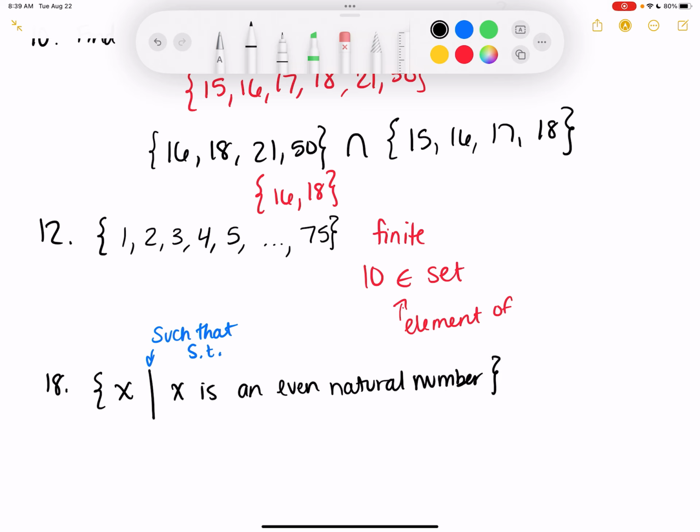Now, do we remember what natural numbers are? Basically just whole numbers, yep. Alright, so is the set of even natural numbers finite or infinite?